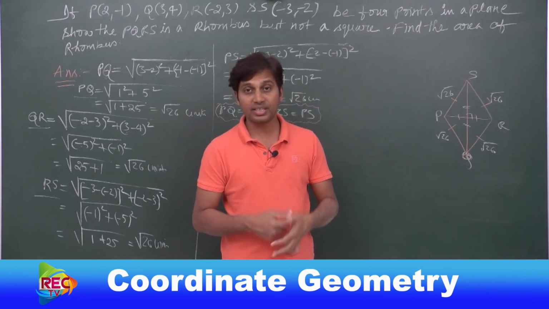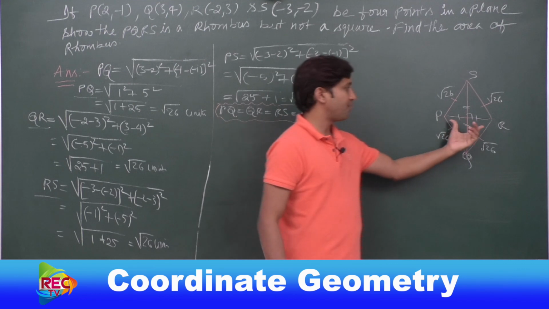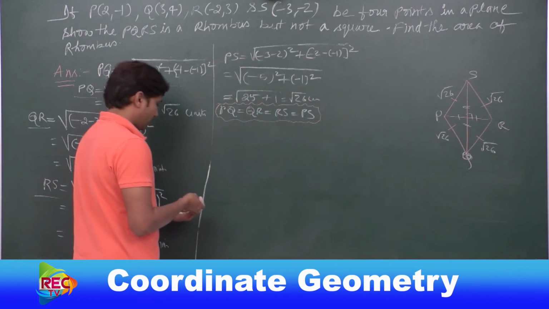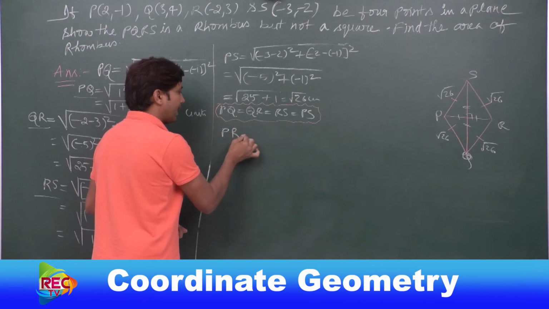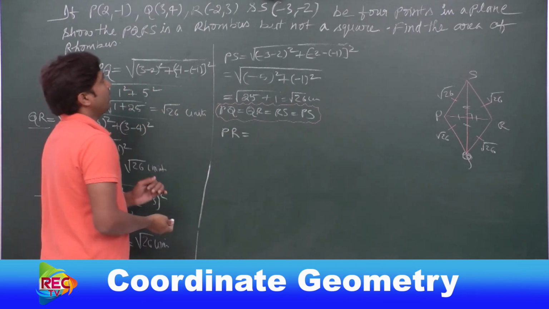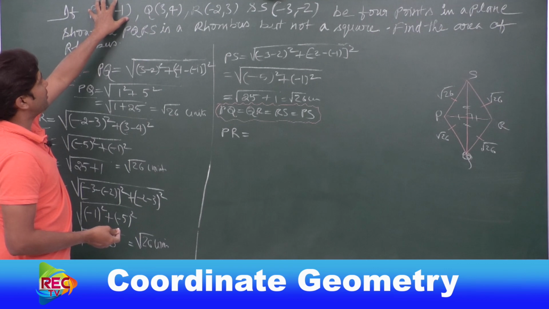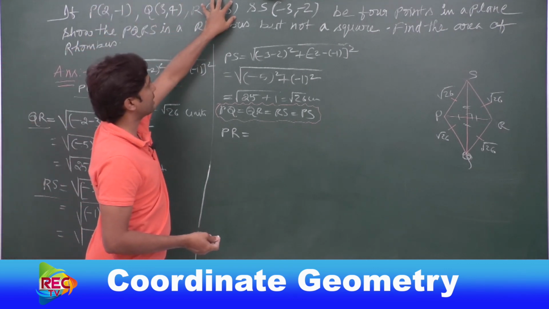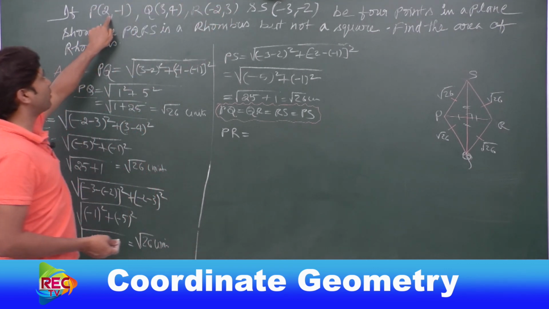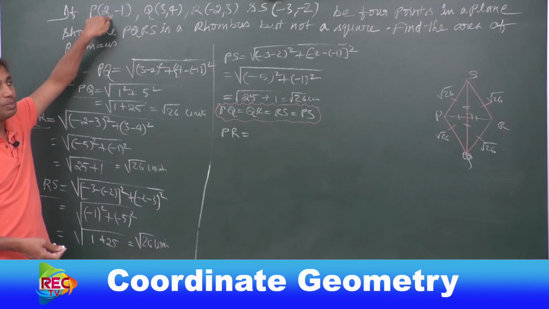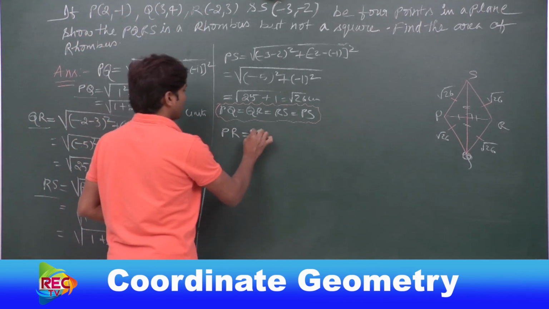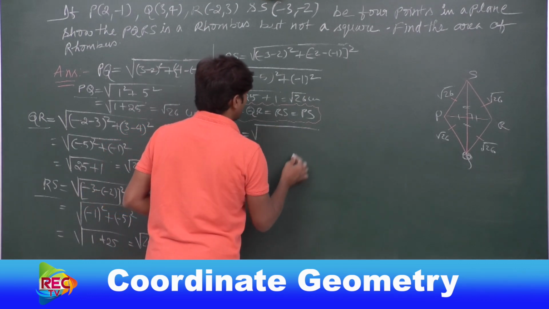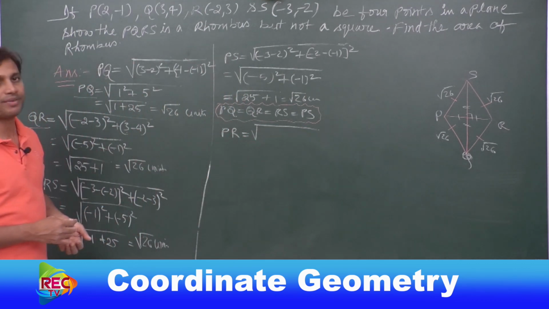Let us find out the length of the diagonal PR first, the distance between P and R. This is P and this is R. We need the length of this diagonal, meaning the distance between these two points. What is the formula? Under square root, x2 minus x1 whole square plus y2 minus y1 whole square.